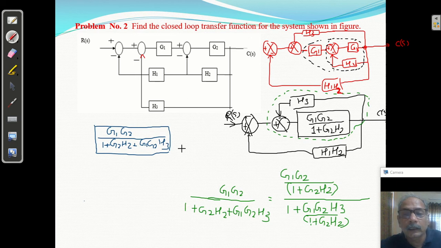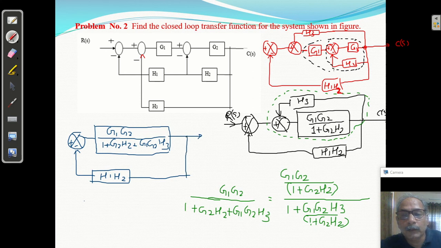I got this, clear. So in place of that I am getting this, then it is a negative feedback, plus and minus, and the feedback we have is H1 H2. This is the feedback loop, and this is C of S, reference input R of S. So it is again forming a closed loop. So I have to find the transfer function GS upon 1 plus GS HS.